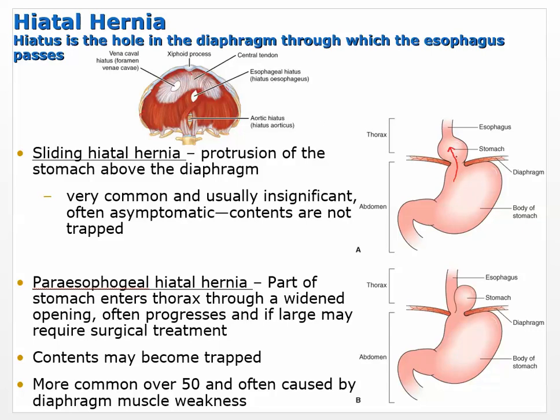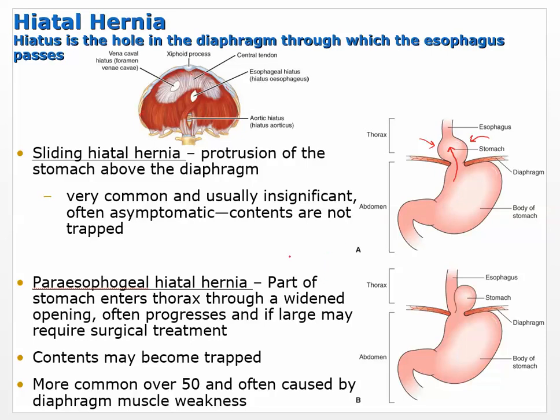So the stomach is pushing through that esophageal hiatus, and it's now kind of bulging up on top. That's a sliding hiatal hernia. It's common, usually insignificant, asymptomatic. You may not even know that you've ever had it. You may have had it and not even recognize it.